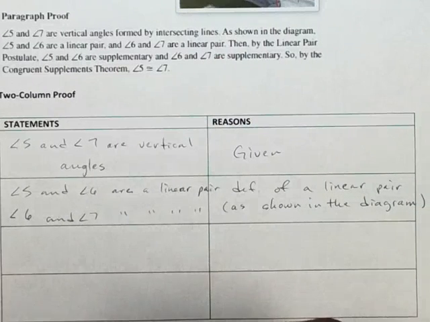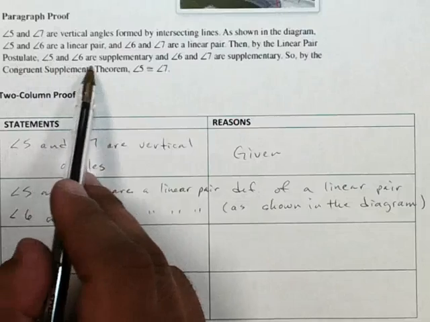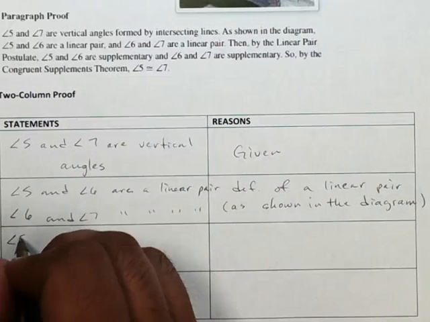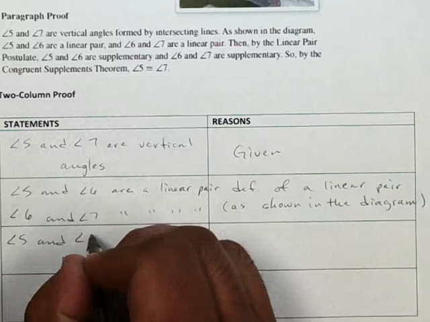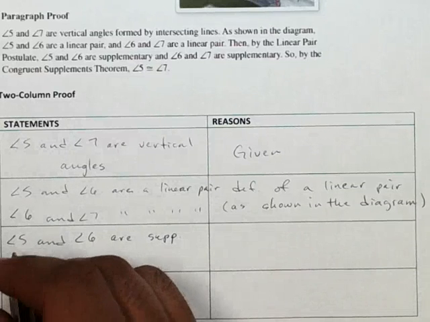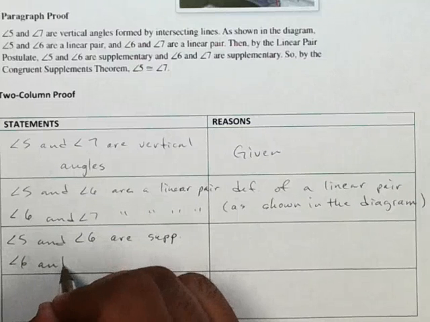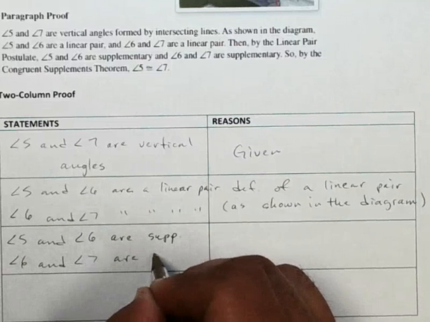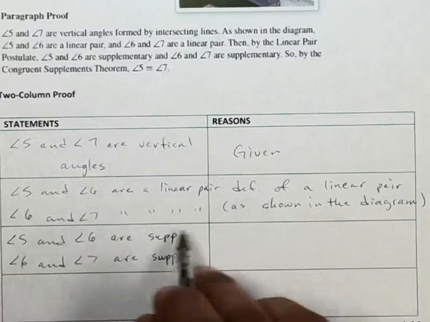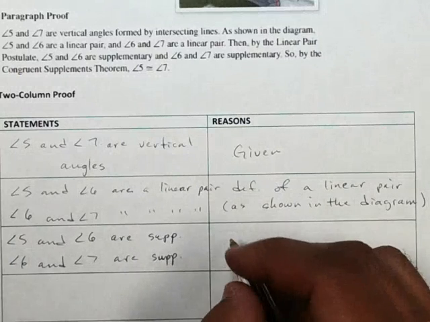All right, and then let's see where we're at. 5 and 6 are a linear pair. Then by the linear pair postulate, 5 and 6 are supplementary, and 6 and 7 are supplementary. So we would say angle 5 and angle 6 are supplementary, and angle 6 and angle 7 are supplementary, which, if we look back at our proof, we would justify by the linear pair postulate.